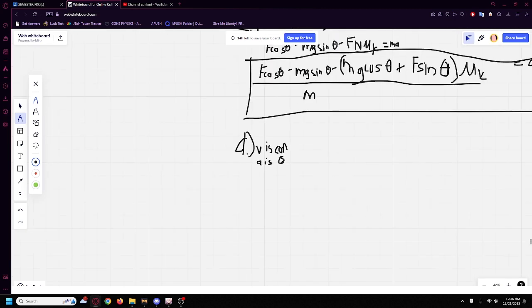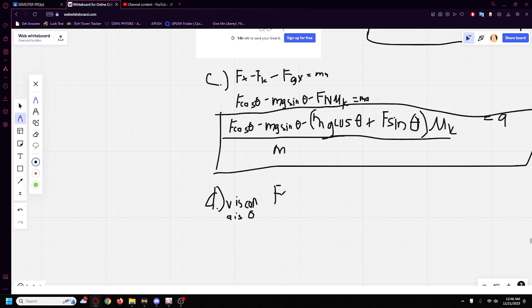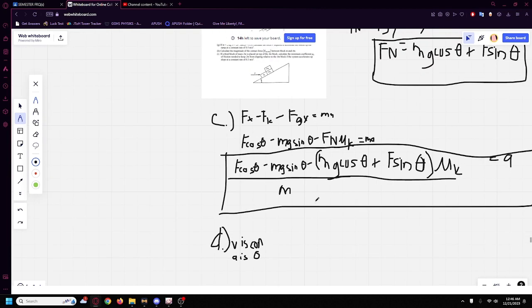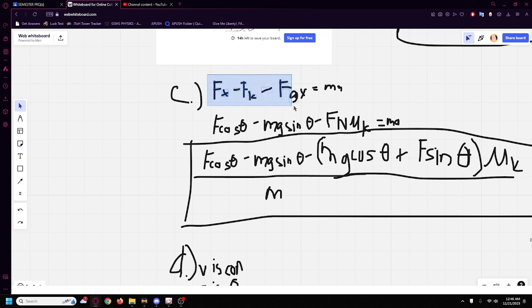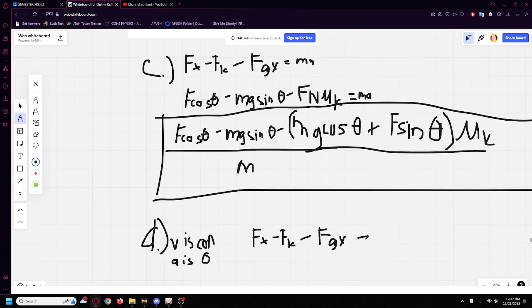That means that F_x minus F_k minus F_gx is equal to 0, because the assumption is a is 0 to have a constant velocity.